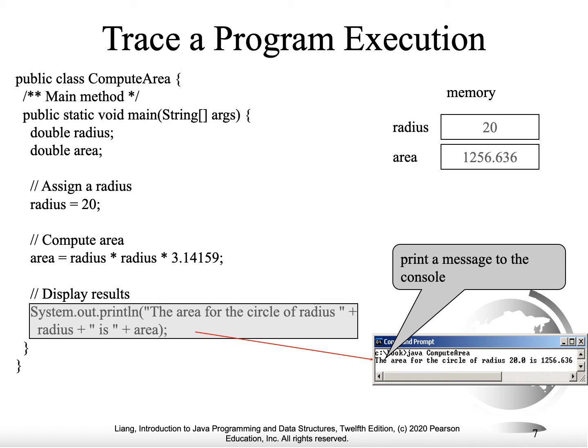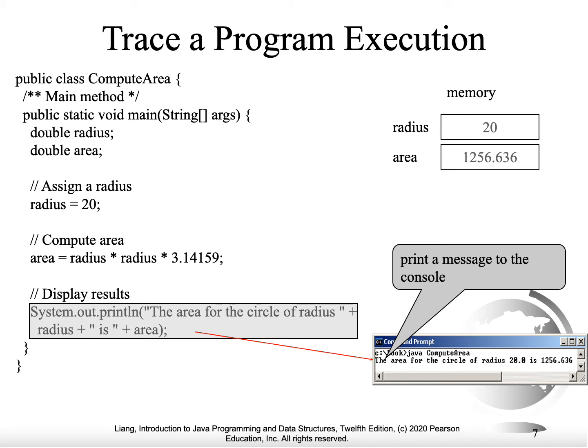Note in our print line statement that the values denoted in quotation marks appear on the screen or the console exactly as they are coded in between those quotation marks. Because the word radius is not enclosed in quotation marks, Java knows that it's actually a memory location, and it must go to that memory location and get the information there and display it.